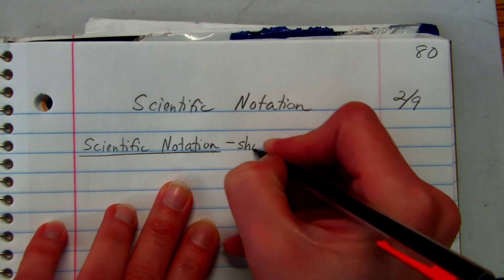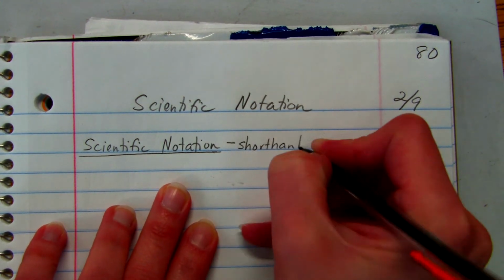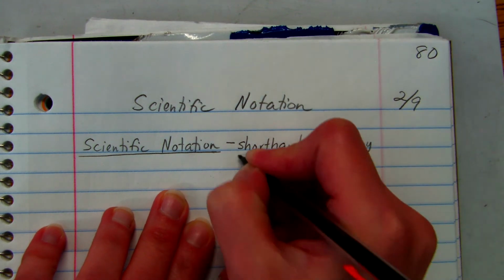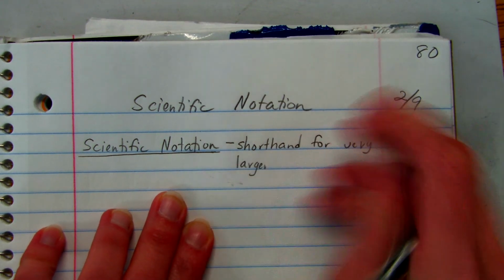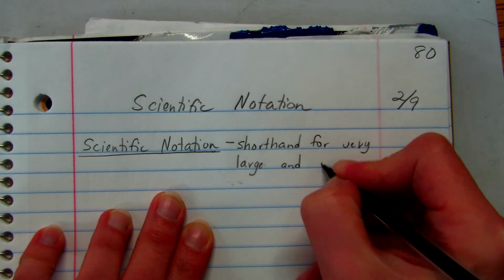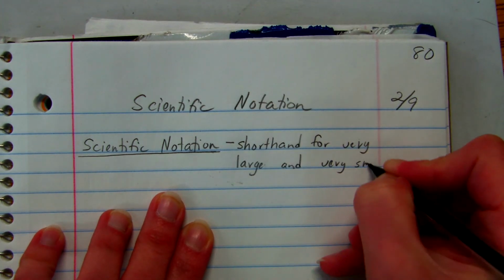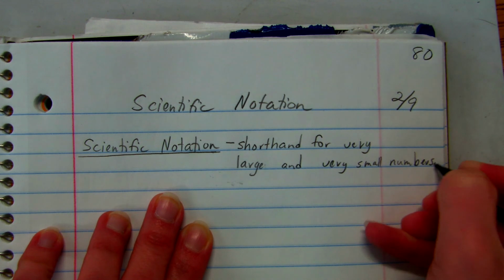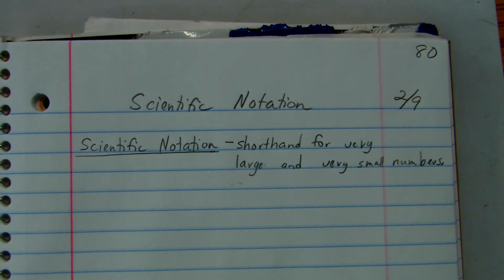So my definition for this is a shorthand for very large and very small numbers. So it's a shorthand, it makes things easier.